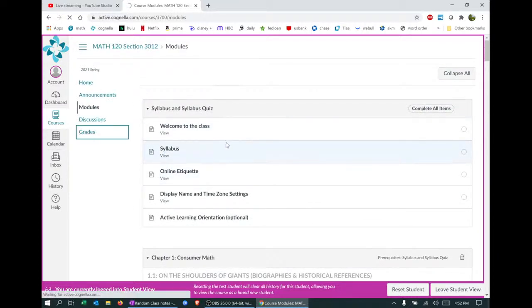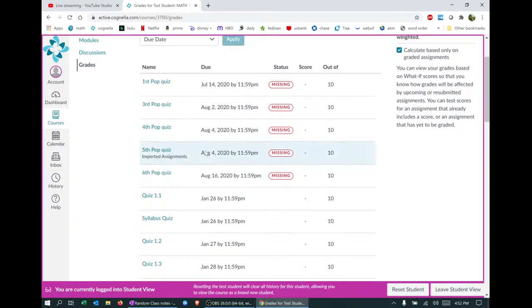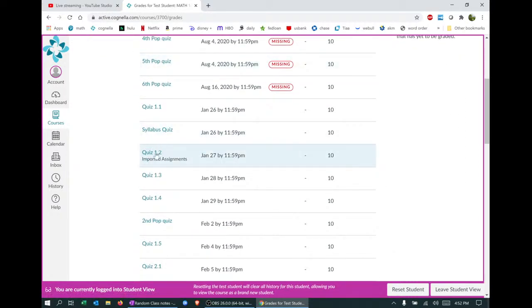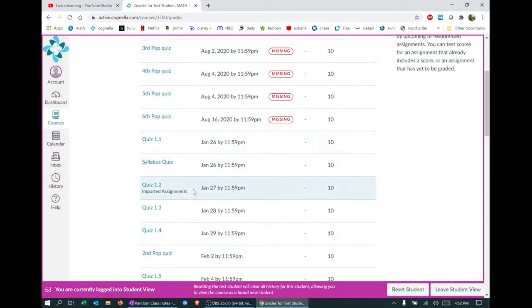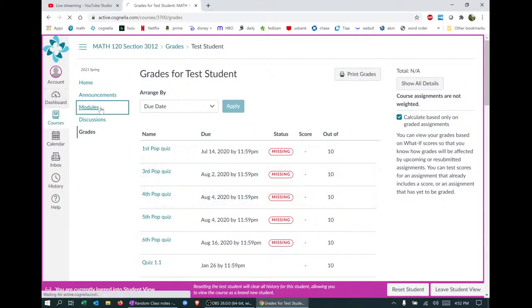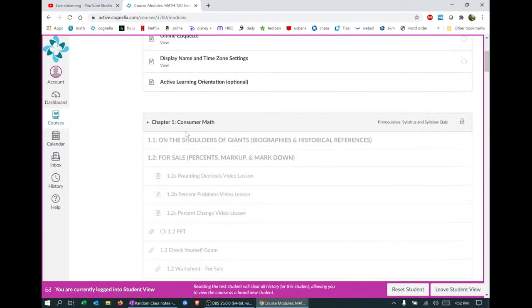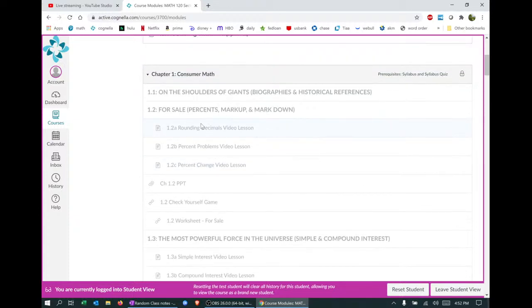You could also go in the grades and click on the quizzes. But do not click on the quizzes if you're not ready, because you get only one attempt. Don't click on the quizzes unless you're done with the modules. Because we're web remote, I have a live lecture, and then videos, and then PowerPoint, and all these.